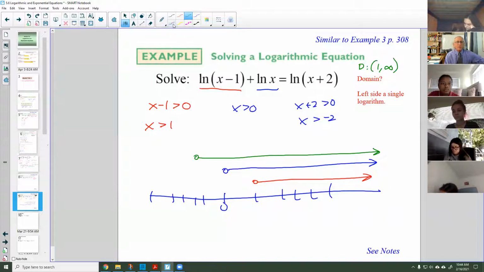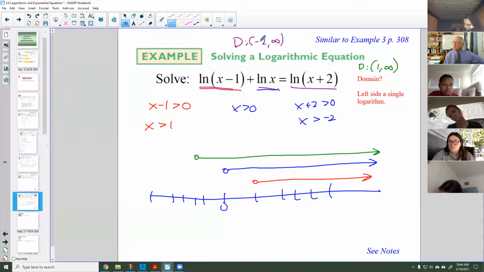It's because my domain has to work for all 3 of these logarithm pieces. So if I said my domain was -2 to infinity, that would include -1, wouldn't it? Yes. Right? But if I say x equals -1, then this logarithm is going to be -1 minus 1. This is going to be ln -2, and the argument of a logarithm can't be negative.